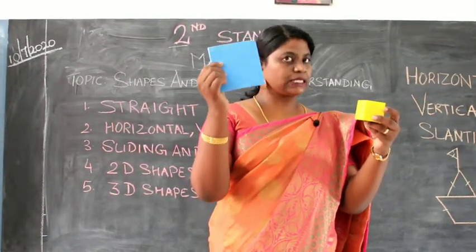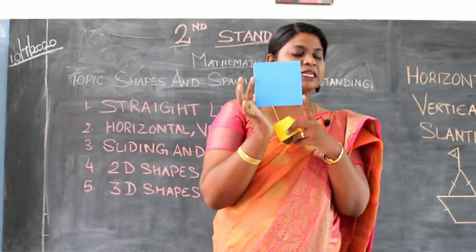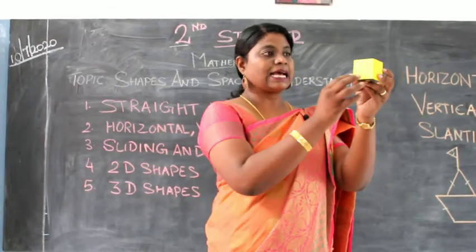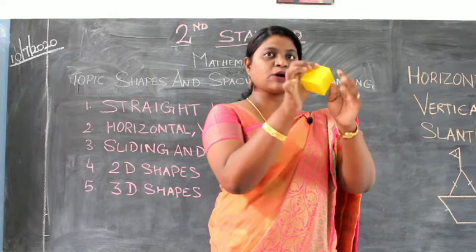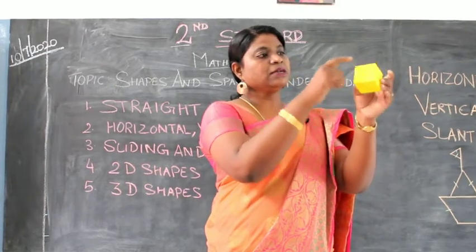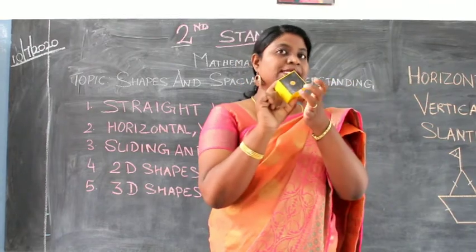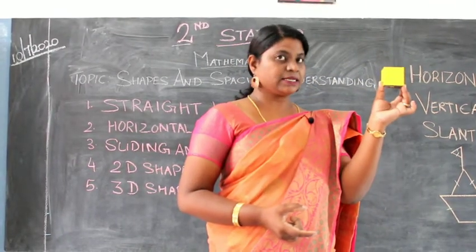This square only has one face or two faces, right? So that is why it is called two-dimensional. Whereas this has so many faces. Can you see so many faces it has? How many does it have? 1, 2, 3, 4, 5, and this black one is 6, right? So this is your cube, which has 6 faces, right?